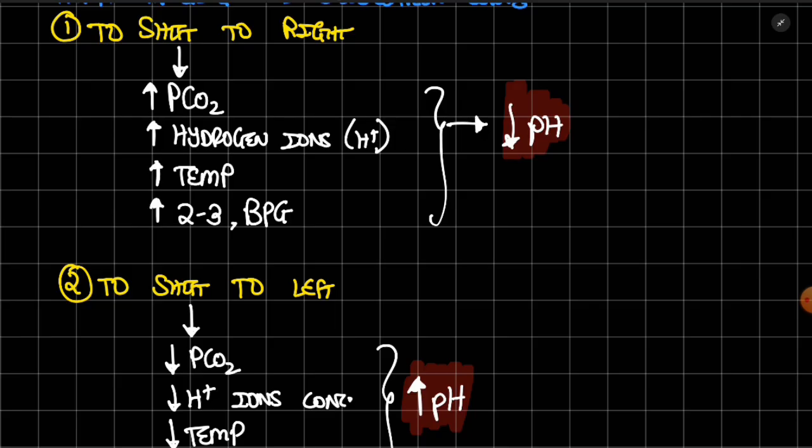Because lactic acid accumulates in the muscles, as we have studied earlier, increasing acidic conditions, increase in hydrogen ions due to acidic condition, increased temperature of the body, therefore increased 2,3 BPG, and delivery of O2 will be increased. Since 2,3 BPG increases, it will accumulate at the central position and release O2 at a faster rate. This is the reason why in exercise the shift is towards the right.